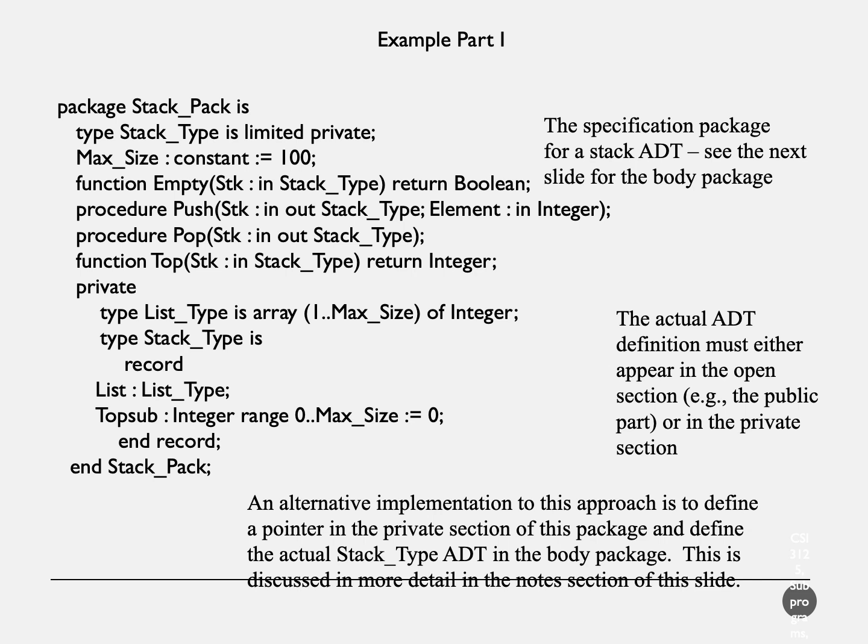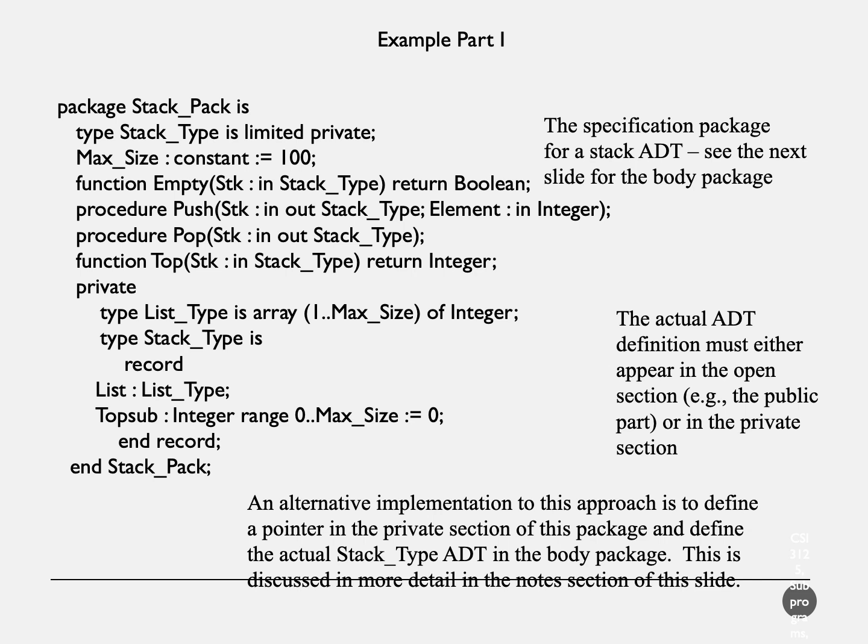Now comes the private section where the actual implementation details are hidden. Here we define list_type as an array of integers with size max_size. Then the full structure of stack_type is revealed. It has a list to hold the elements and a topsub to track the top index.